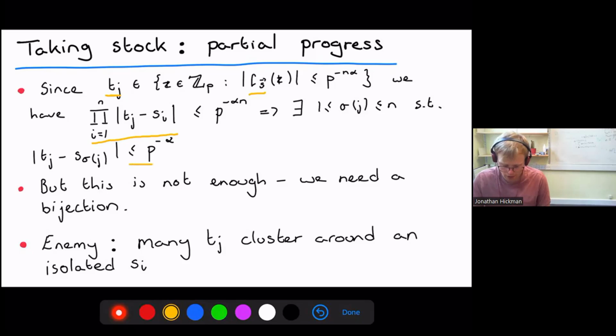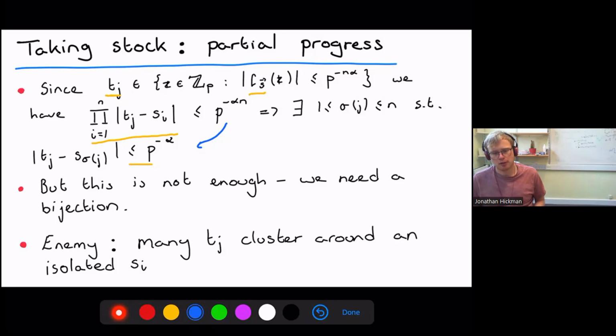Okay, so here we see this relationship between the two scales, p to the minus n alpha and p to the minus alpha, playing a role. So this is some partial progress, because we can at least say the roots t_j must be close to the roots s_j, but it's not enough for our purposes because we need a bijection between the two families of roots, and this turns out to be the main difficulty in the argument, establishing the existence of a bijection.